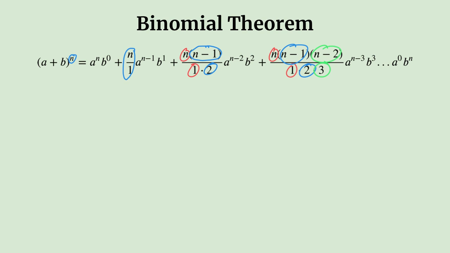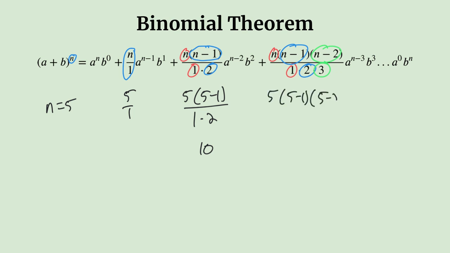On top, let's say n equals 5. So this would be 5 over 1. This would be 5 times 5 minus 1 over 1 times 2, which would be 10. And here you have 5, 5 minus 1, 5 minus 2 over 1 times 2 times 3, which would be 5 times 4 times 3 over 6.